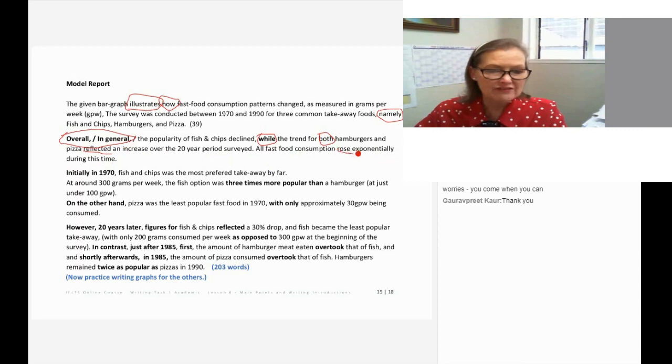So initially, fish and chips was the most preferred. There's another word that we could use to talk about the choice, the most preferred, once again, using my most and my least. That's my language to talk about. We call them superlatives, the highest or the lowest, the most or the least.